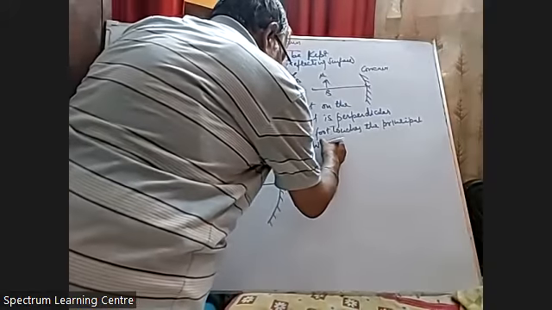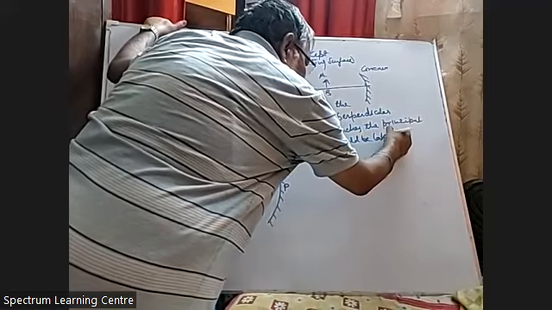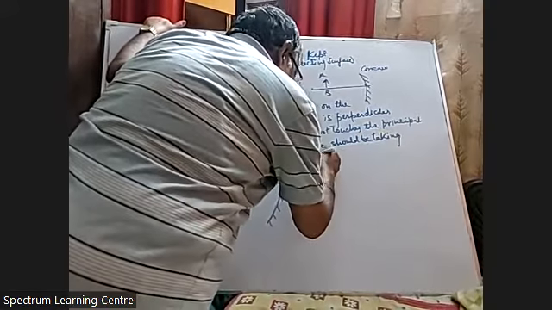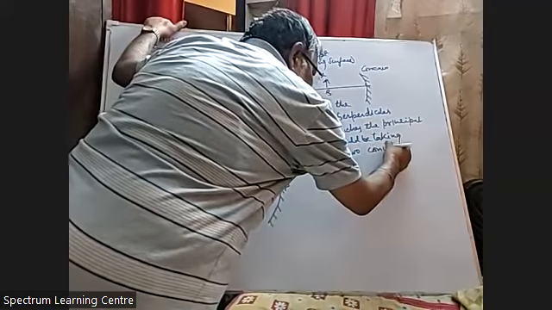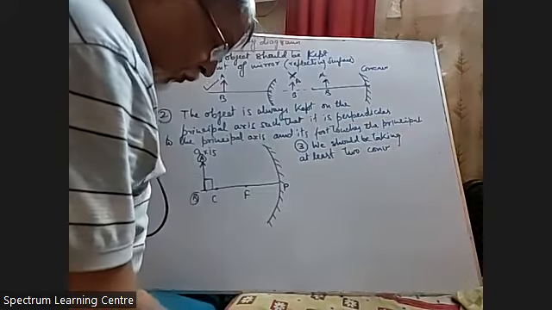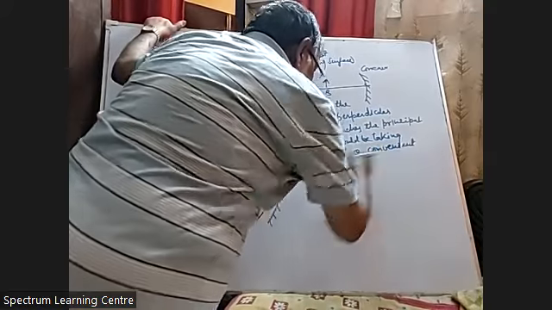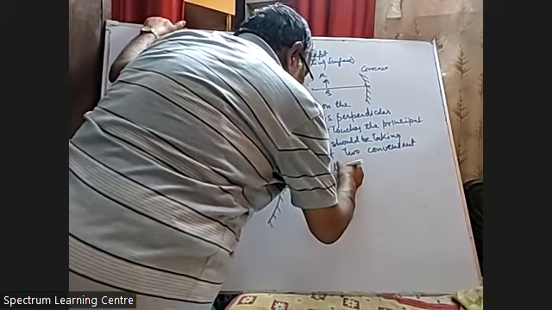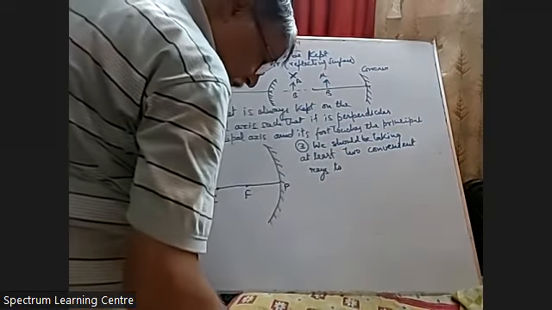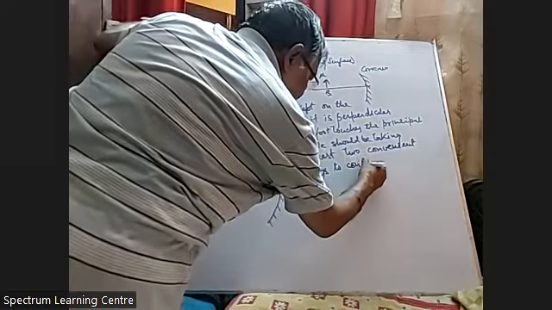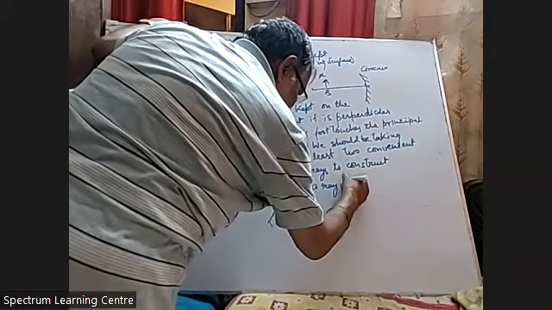We should be taking at least two convenient rays to construct a ray diagram.